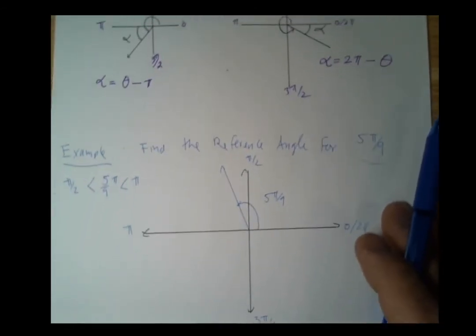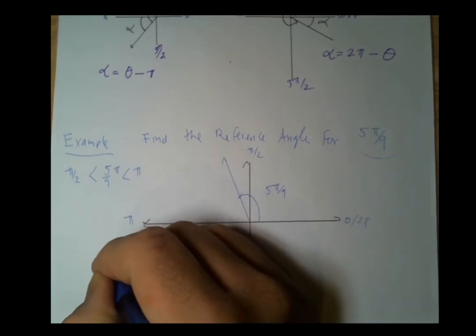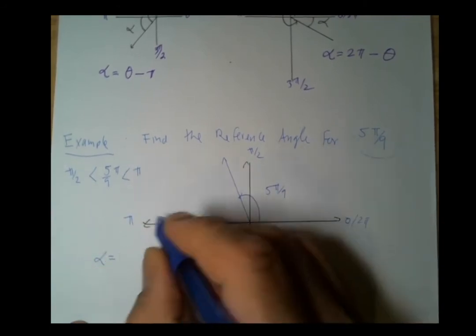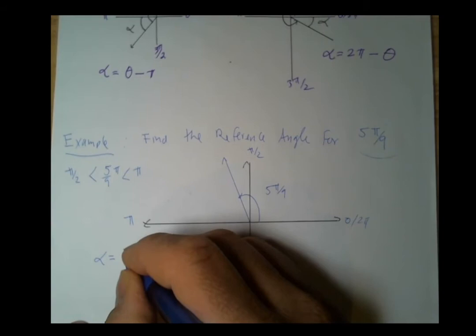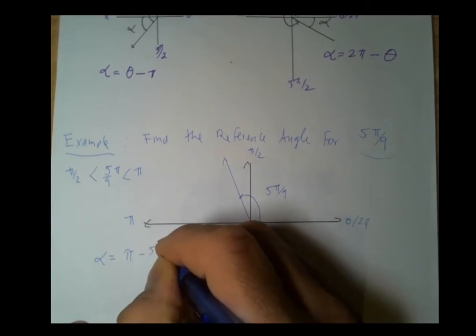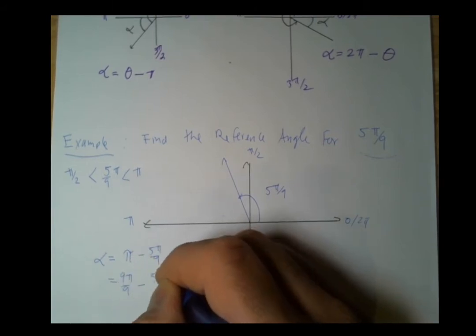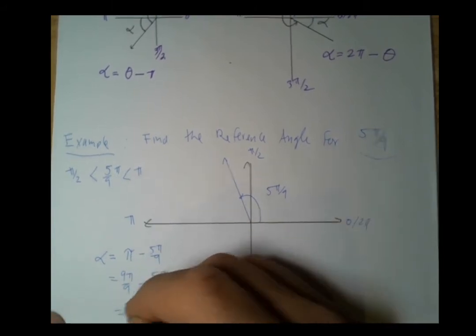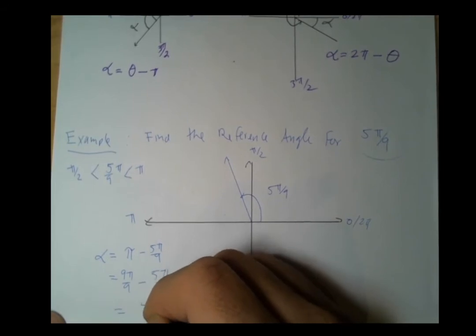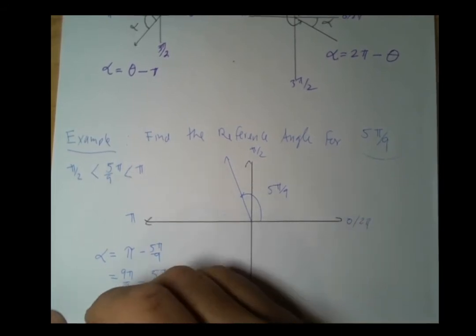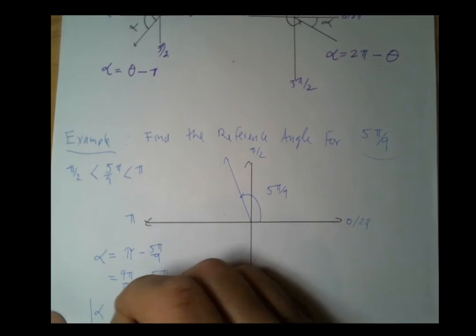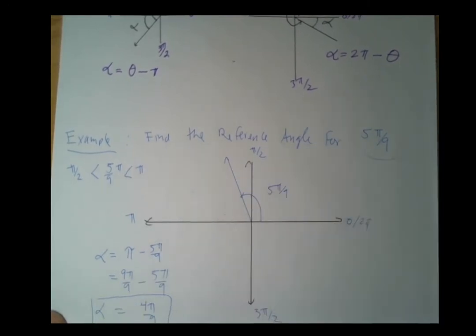So alpha is going to be pi minus 5 pi over 9. And that becomes, getting a common denominator here, 4 pi over 9. And that is our reference angle.